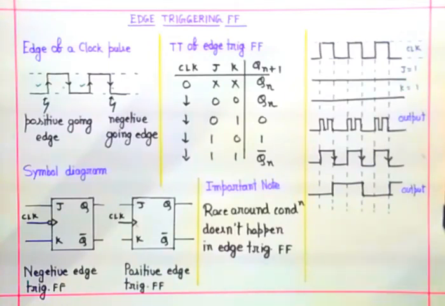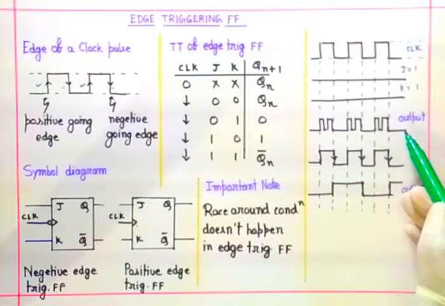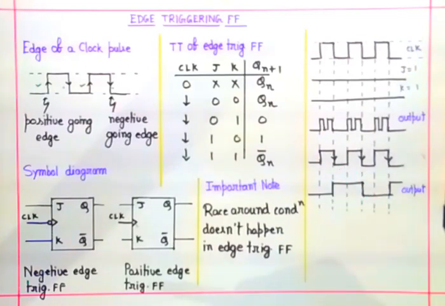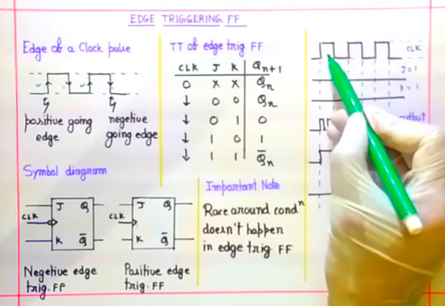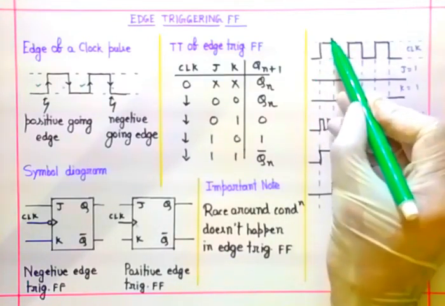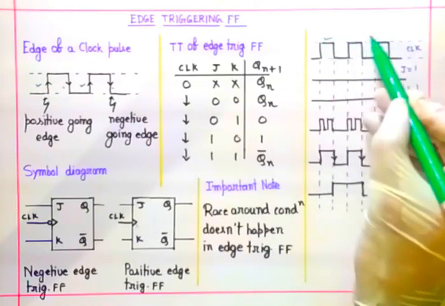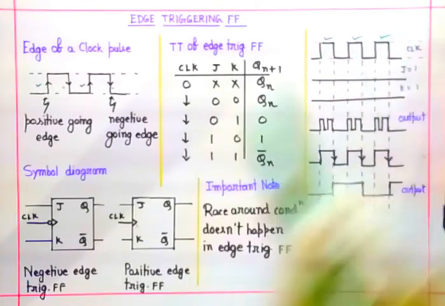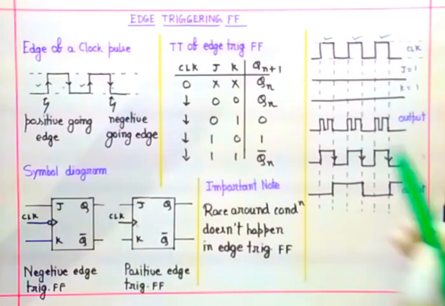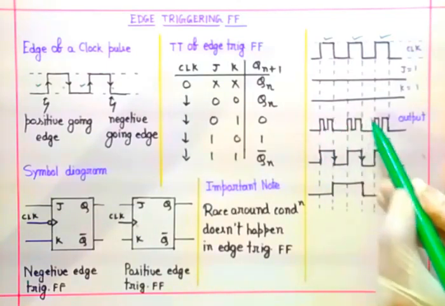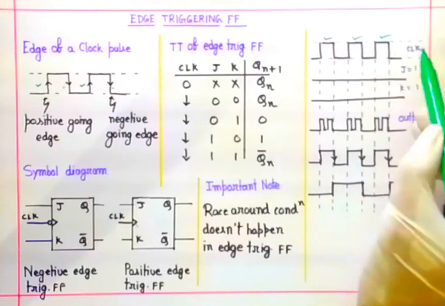Now we will study how the race around condition is removed in edge triggering flip-flop. Already you know that this output is for normal JK flip-flop. That means when the JK flip-flop was triggered by this normal clock, that means only during this one, you know that this race around situation occurs when the clock value is 1.